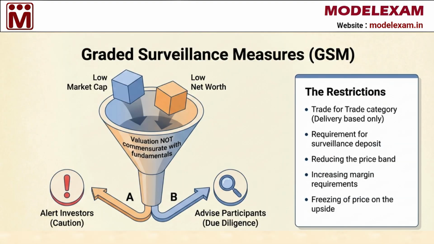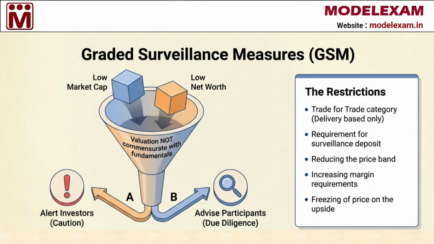Let us first look at the graded surveillance measures or GSM. This mechanism focuses specifically on companies that have a low market capitalization or low net worth. The core issue here is a mismatch. If a company's stock price valuation is high, but its business fundamentals are weak, it falls into the GSM funnel shown on the screen.